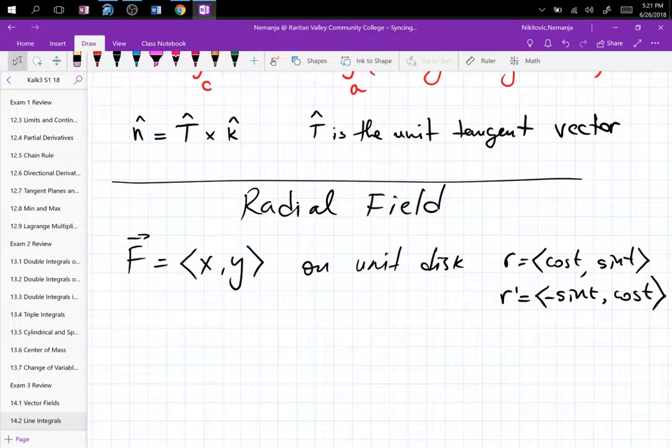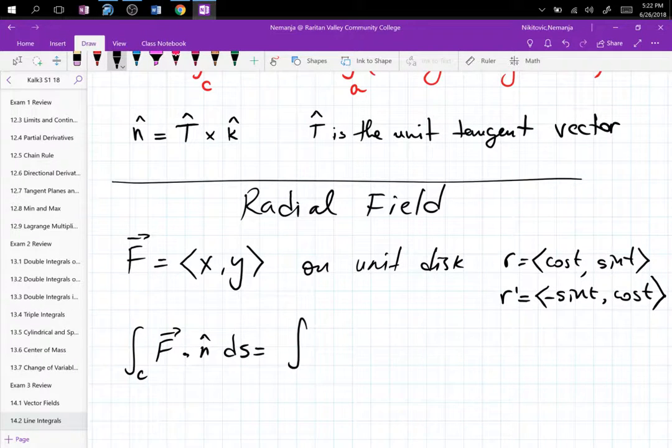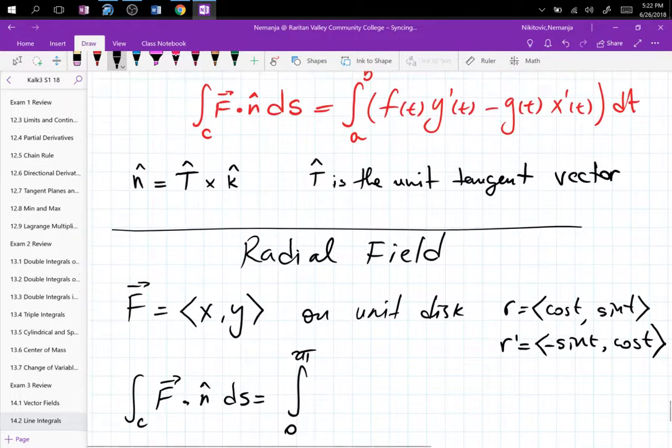And I am going to calculate now the flux by computing the integral of F dot n ds, which is equal to the integral. I don't want to write the formula again, it's up there. So we know it's 0 to 2 pi because our parameterization for the unit disk worked as that. So we now have to chase all of these values.